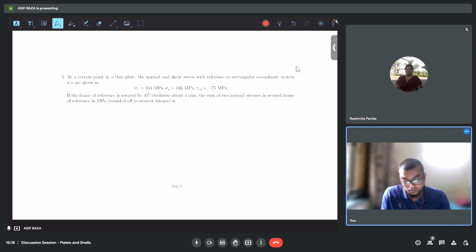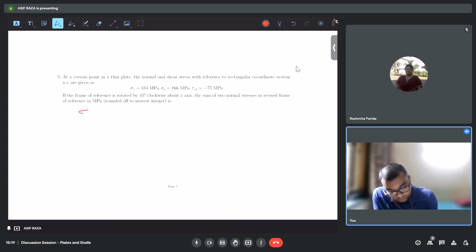If the frame of reference is rotated by 45 degree clockwise about z-axis, the sum of two normal stresses in the revised frame of reference in MPa, rounded off to nearest integer, would be. So we need to find sigma n.